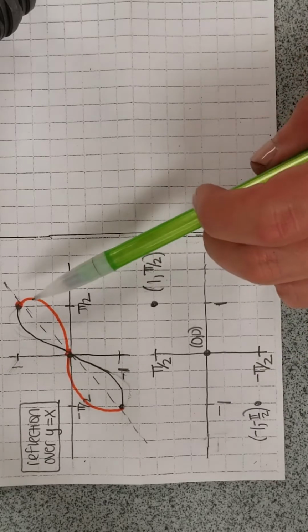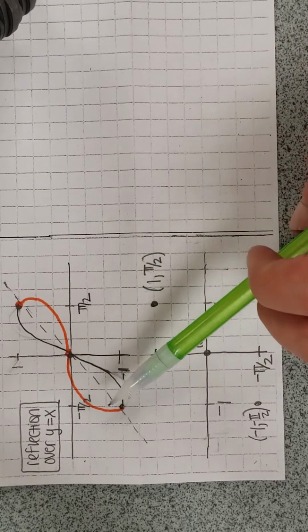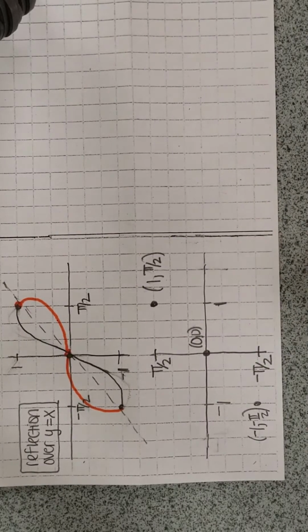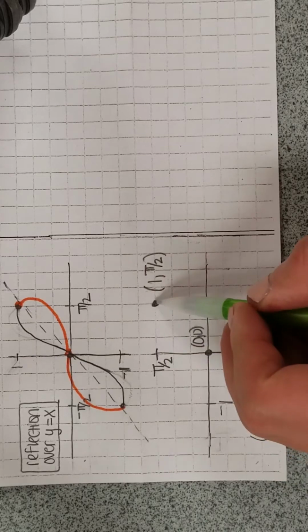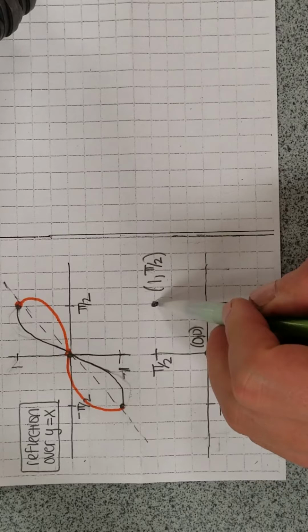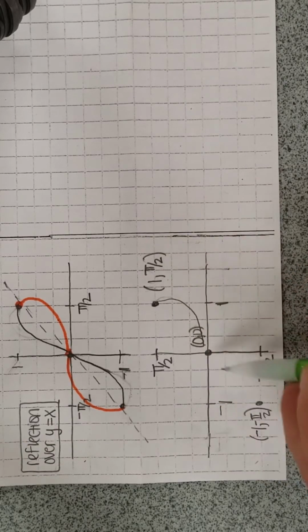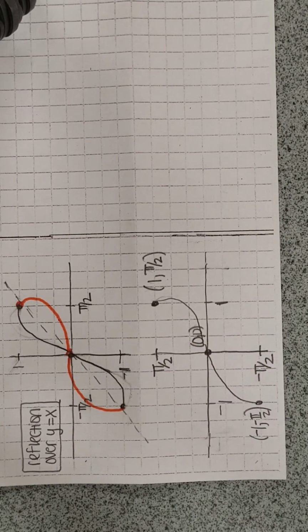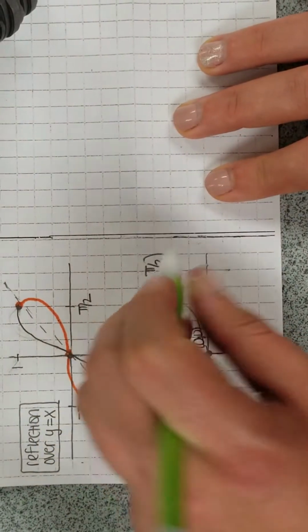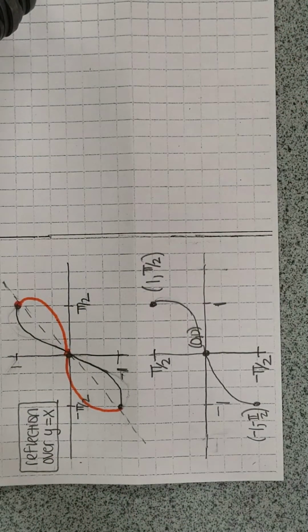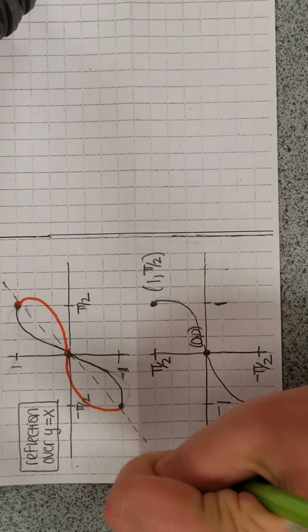But if we keep in mind this orange curve that's created by that reflection, I know that it should look like this. That is our graph of sine inverse.